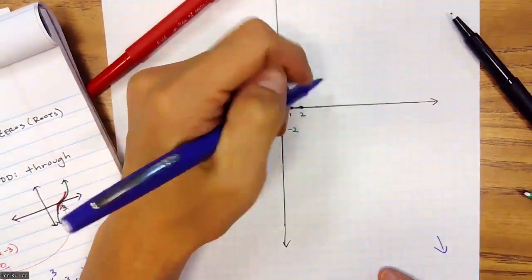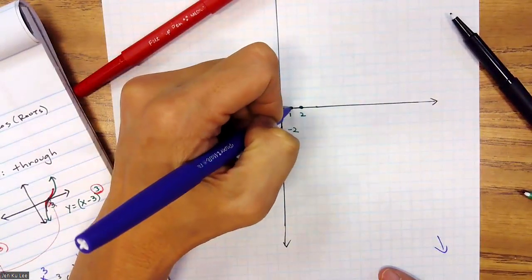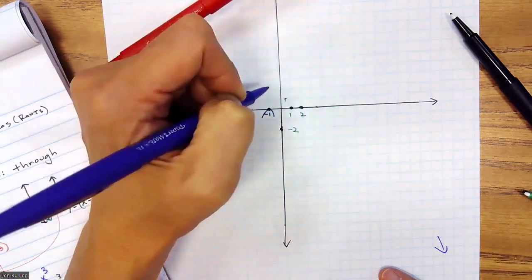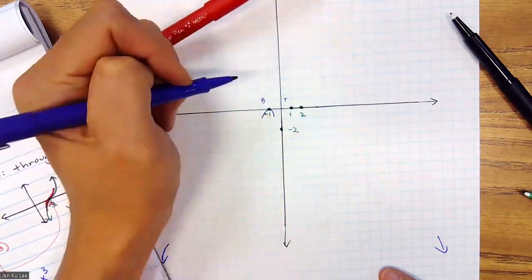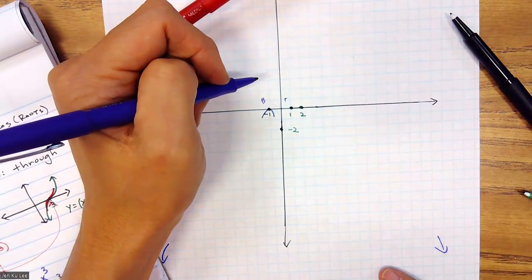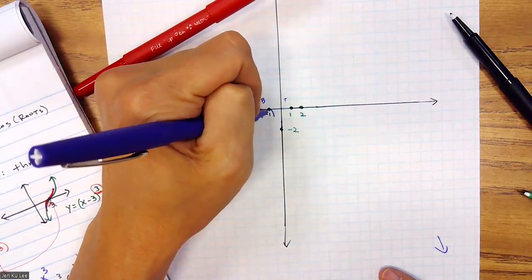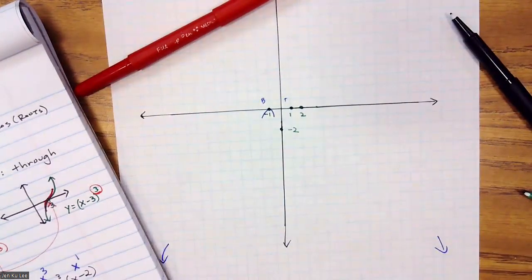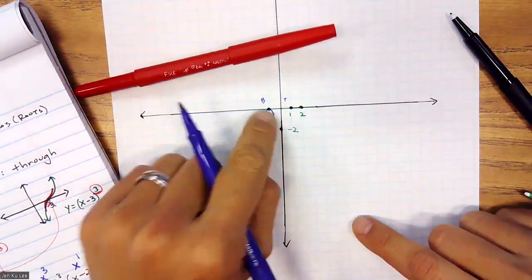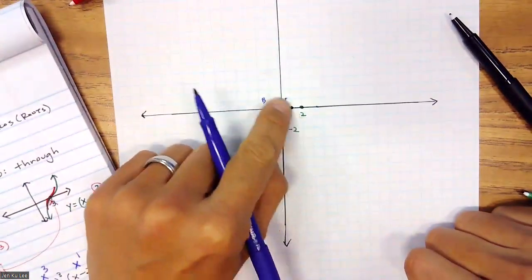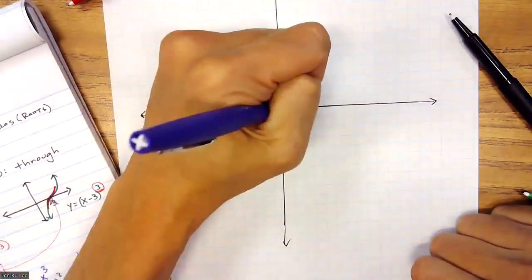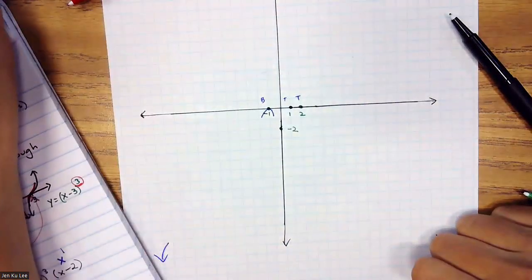So it's going to go through the point. So actually, I'm just going to put a T there for through and a B here for bounce. Okay. I know if you don't know this yet, that's fine. I kind of skipped a step. B is for bounce, T is for through. At 2, my multiplicity is 1, which is an odd number, so it's going to go through.